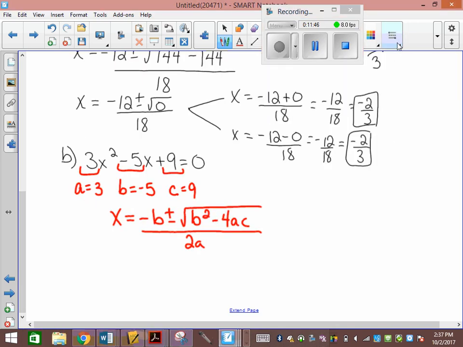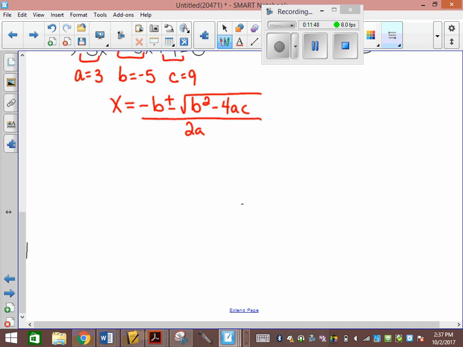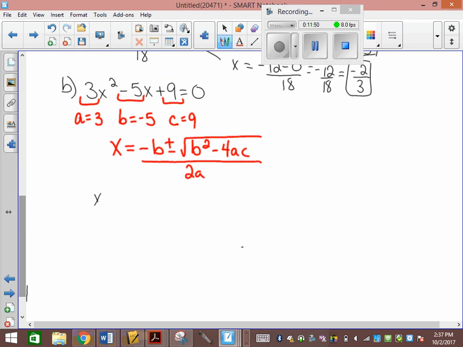So when we fill this one in, we are going to get x equals negative and negative 5, so positive 5, plus or minus the square root of negative 5 squared minus 4 times 3 times 9 all over 2 times 3.